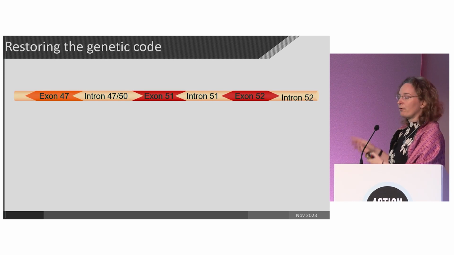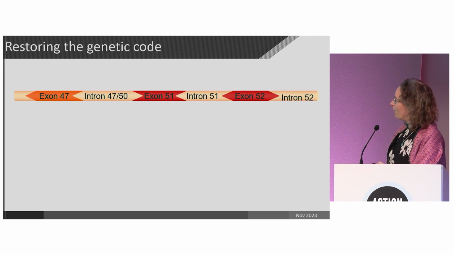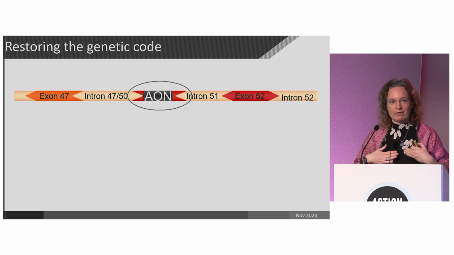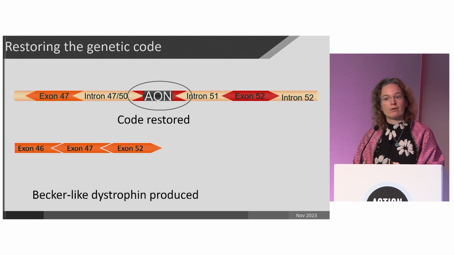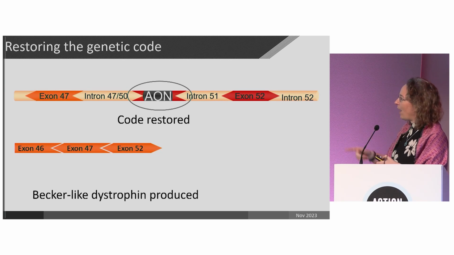52. So there's a process in the cell where all these exons are linked together, and what we actually want with exon skipping is for the cell to ignore this one, because then 47 would be linked to 52. And we know that when 47 is linked to 52, this gives rise to a partially functional dystrophin, because we've seen these mutations in Becker patients. Now, how do we get the cell to skip this?